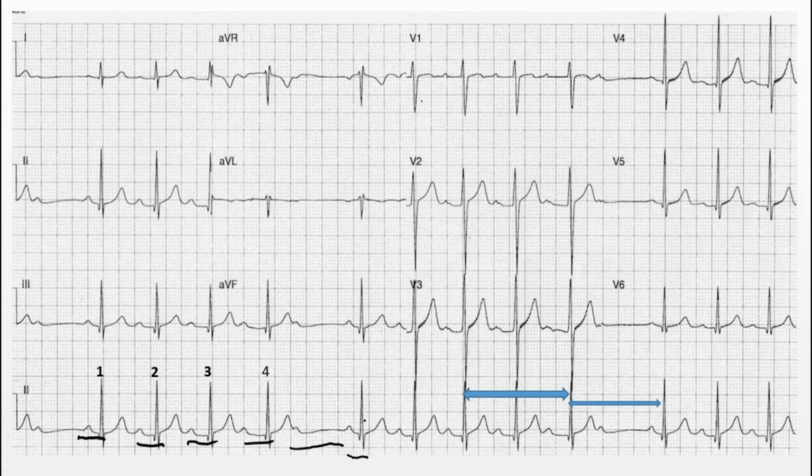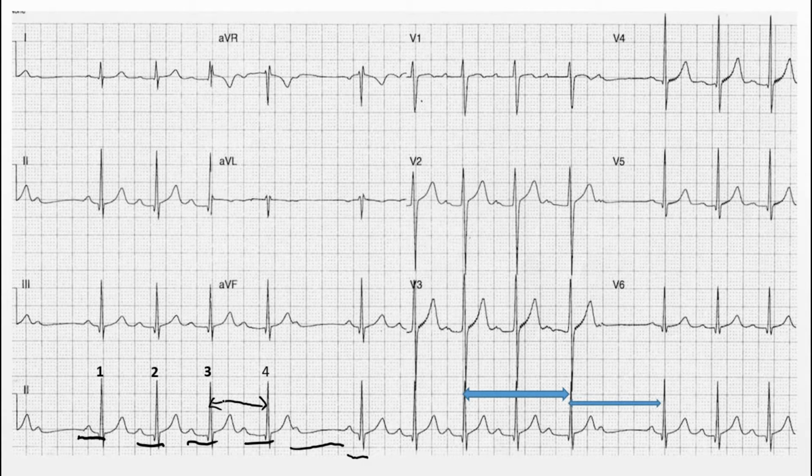Then other findings which can be present in Mobitz type 1: as the PR interval is prolonging, the RR interval will decrease. What does it mean? It means the duration between the R of beats 3 and 4 is less as compared to 1 and 2.